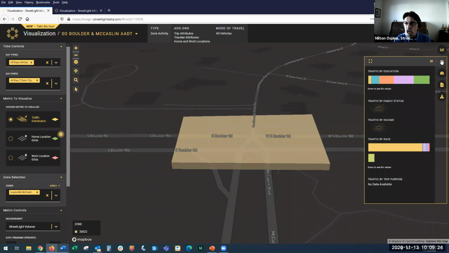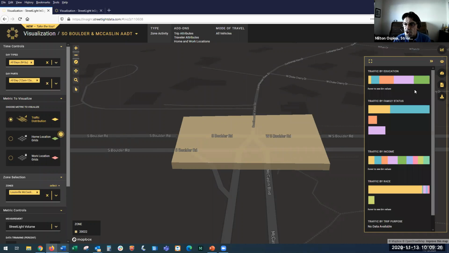I can look at travel by tapping into the demographic data. This is for the entire 2019. On average, who are college folks, who has a bachelor's degree, who has a graduate degree, by family status: families with no kids, kids between 6 and 17 years old, and traffic by income.